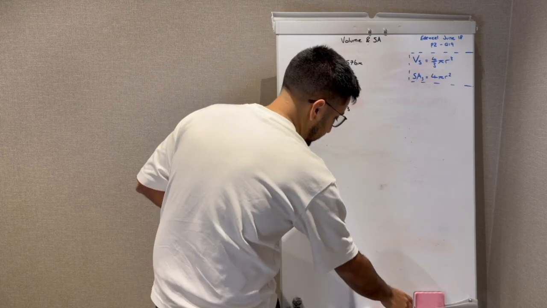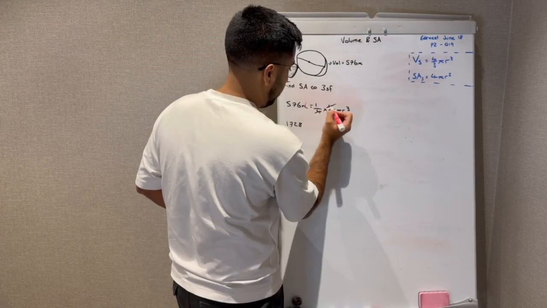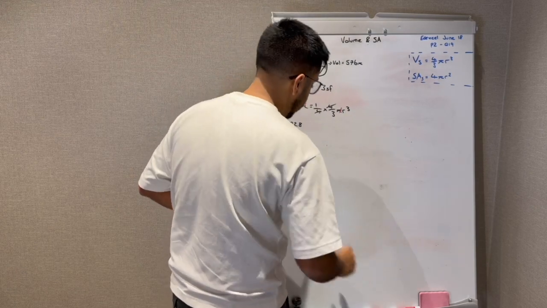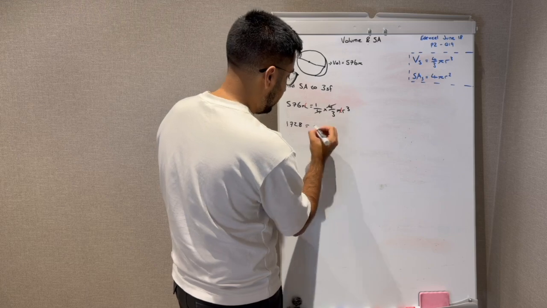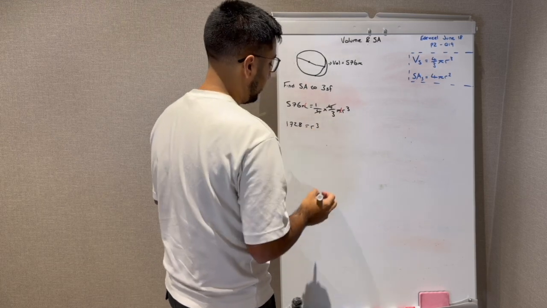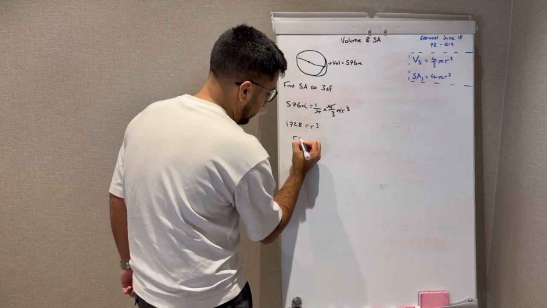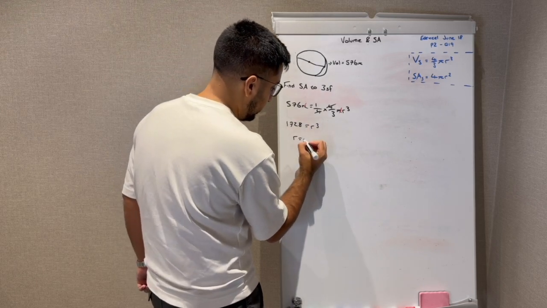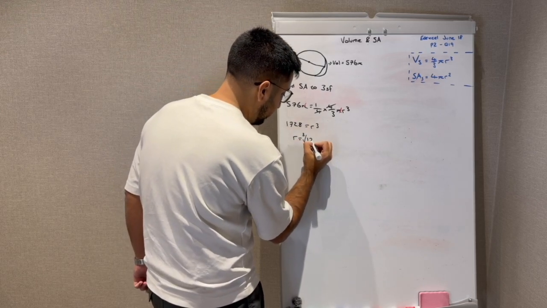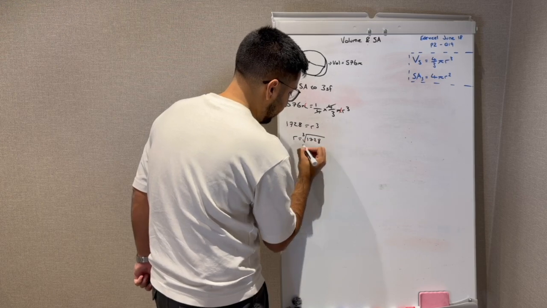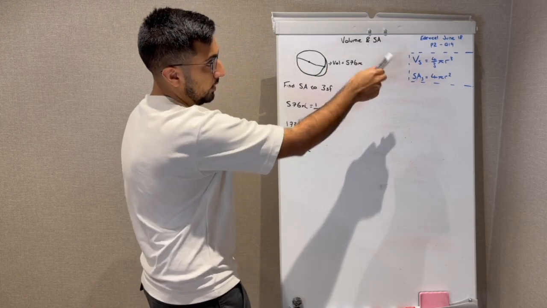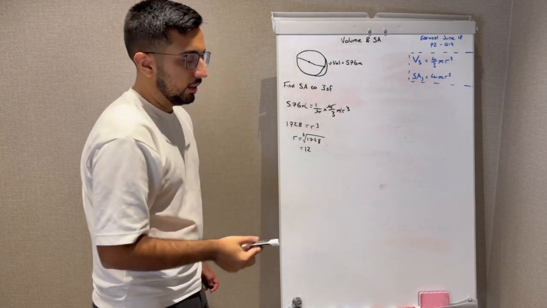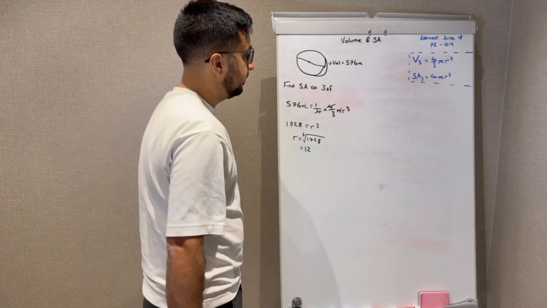And before I continue writing, we can also cancel out these pi's. So we're left with r cubed. And then we rearrange it and cube root both sides to give us 12. Now, this is a paper 2 question, so if you do get a calculator, don't expect to do that in your head.